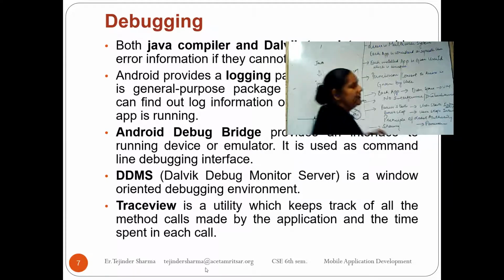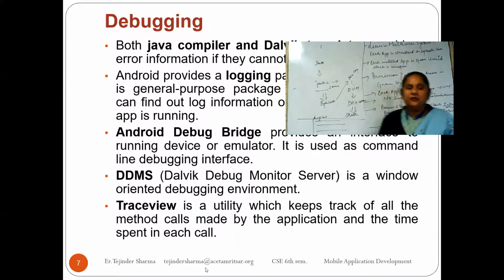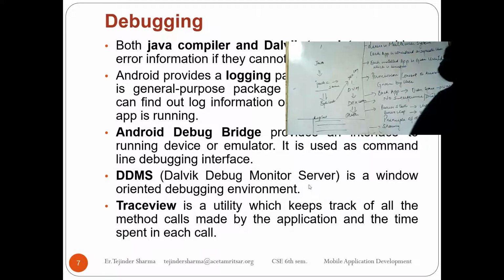Log is basically the list of the errors which have been encountered while compiling the code by either Java or Dalvik virtual machine. Fine. So logcat is the terminal window where you see the list of the errors in your Android Studio, while compiling by Java or by the DEX compiler.